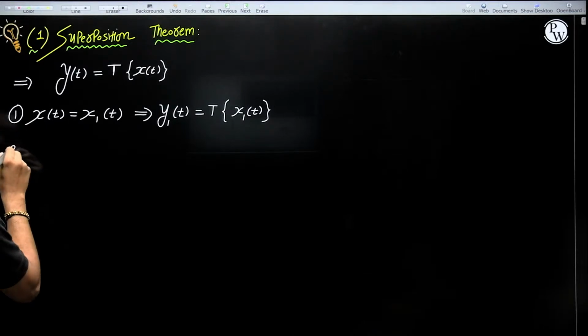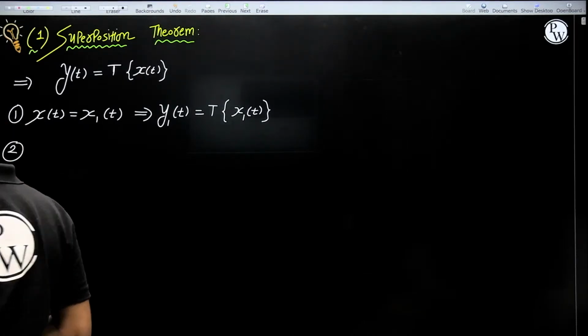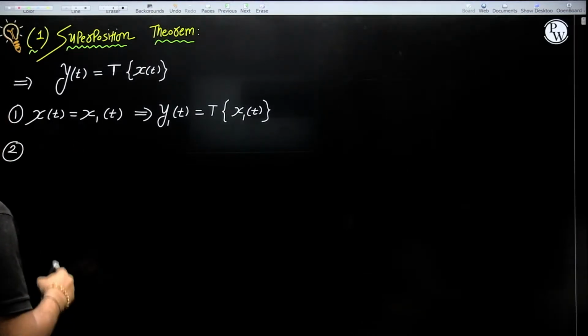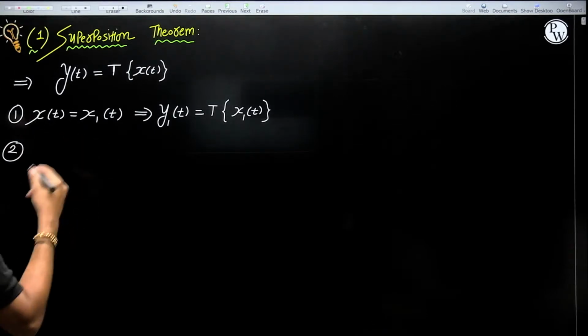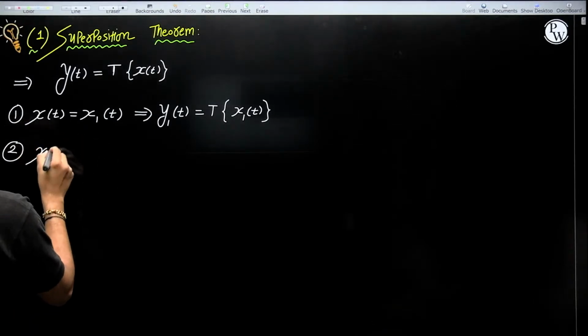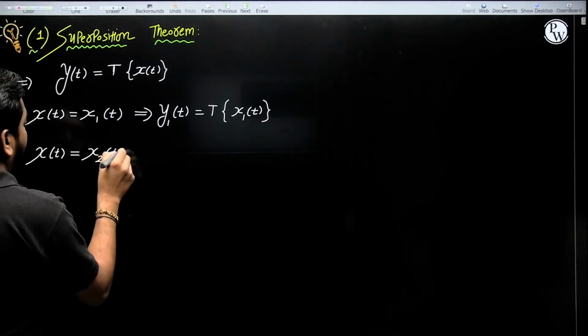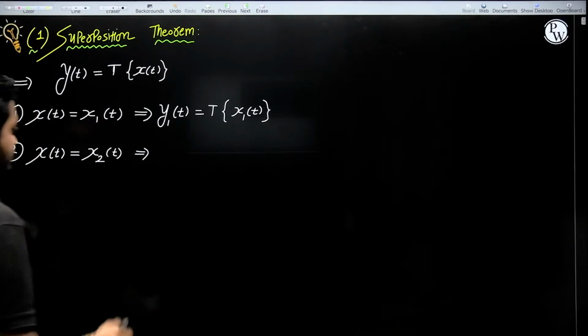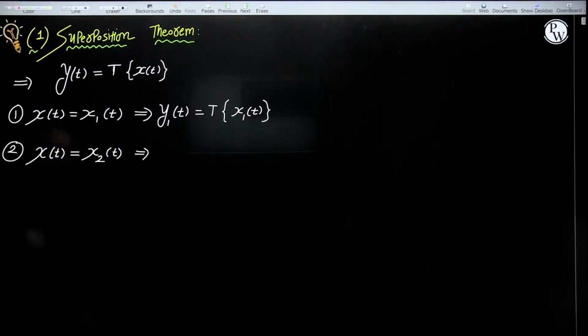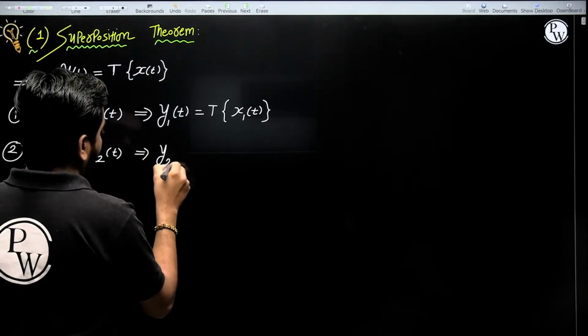Next, remove x1 of t and instead give x2 of t: replace x of t with x2 of t everywhere, and find the response, which is y2 of t.